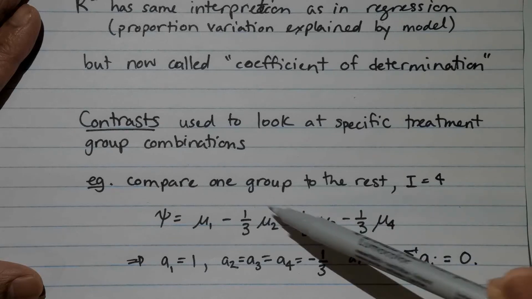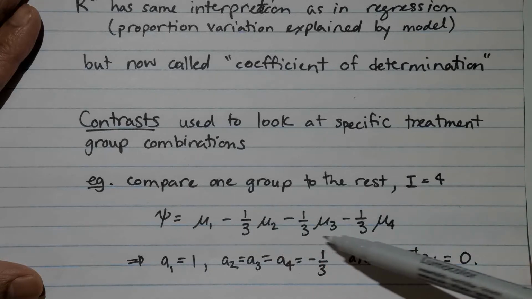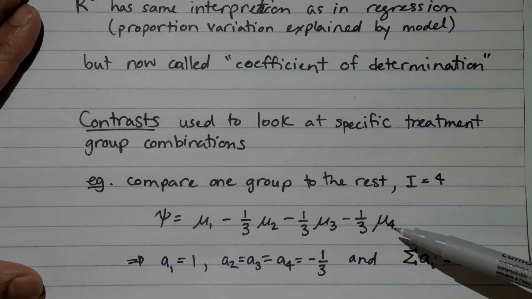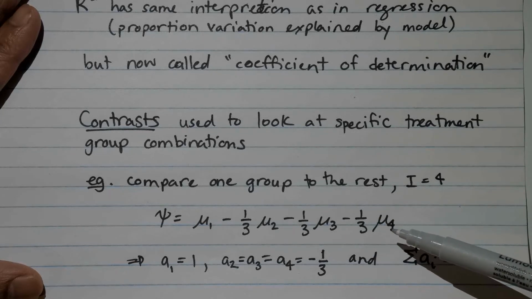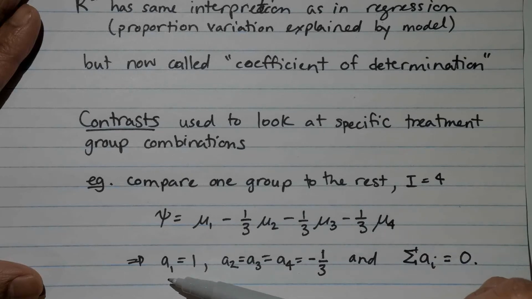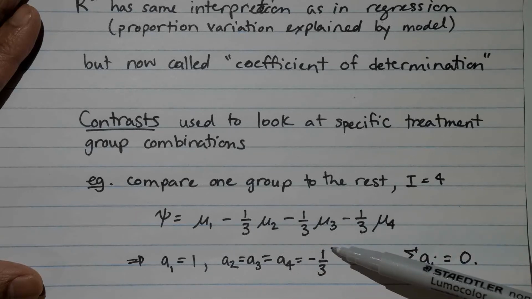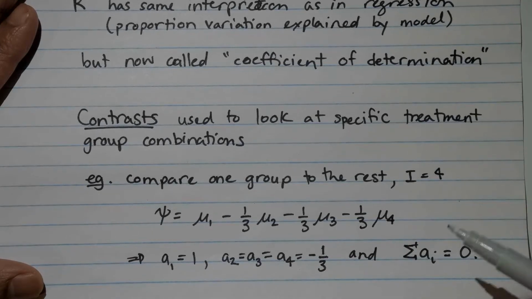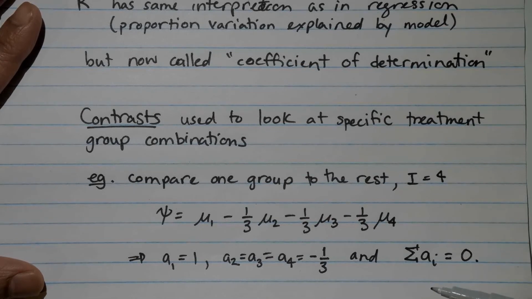So this is basically giving the average of mu2, mu3, mu4. Once it's written in this form, we can see the coefficients of our contrast are given by A1 equals 1, and then A2 equals A3 equals A4 equals minus 1/3. And we can also check that it is a proper contrast because the sum of these A_i's is equal to 0.